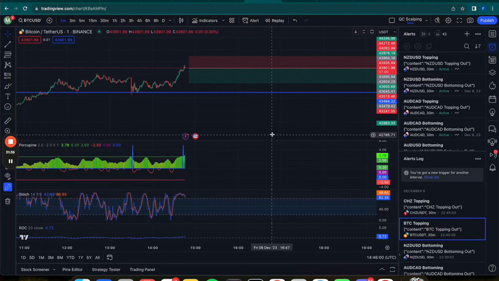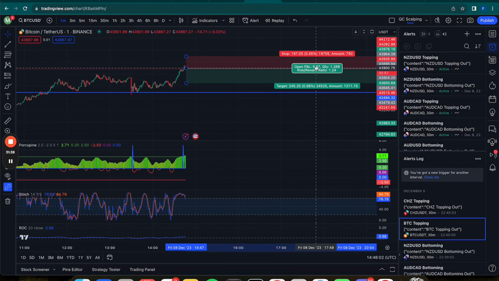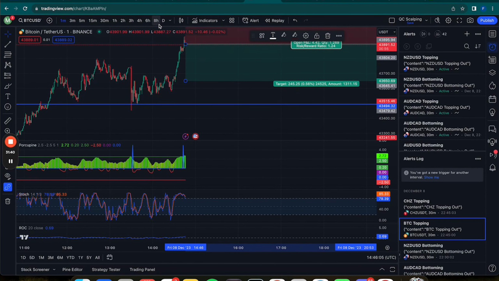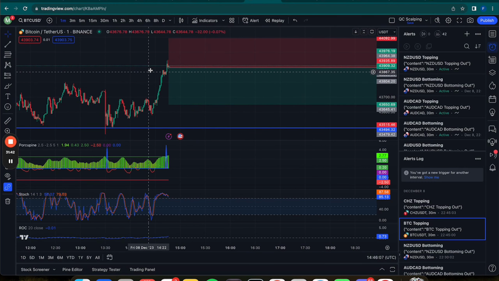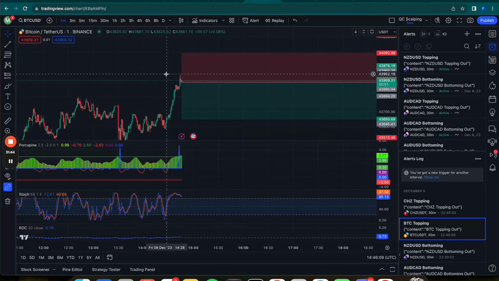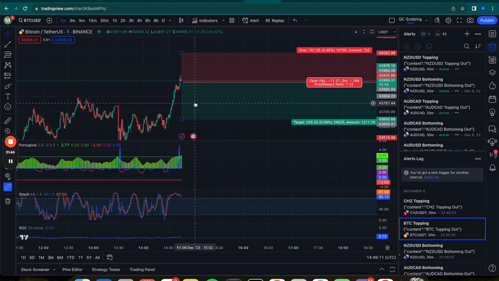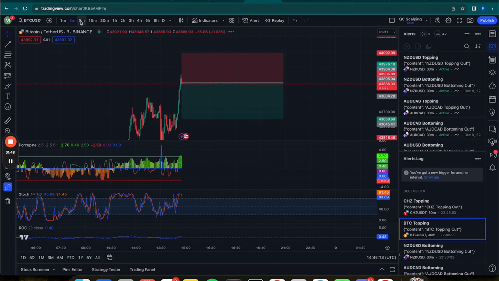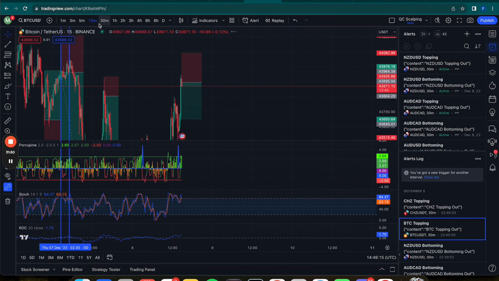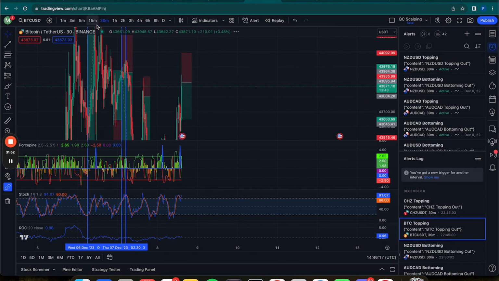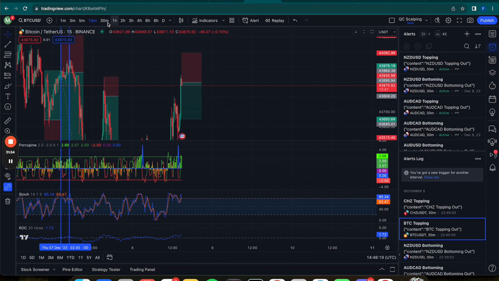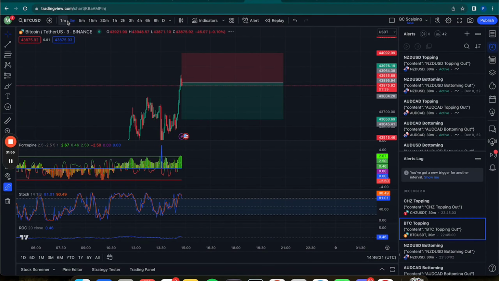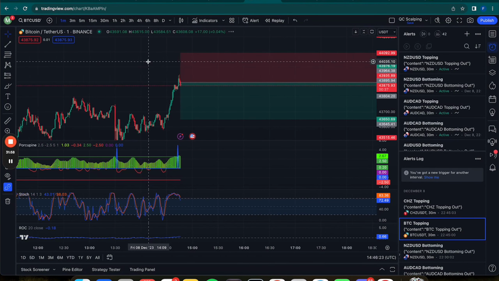So honestly, if I was scalping, I could enter a short right here because of the 1 minute being topped out, and then just wait for the 1 minute to go down and see what happens, because everything else here is topped out. I don't like the direction of the 15 minute, but if the 5 and 3 just go down, that's going to be helpful.